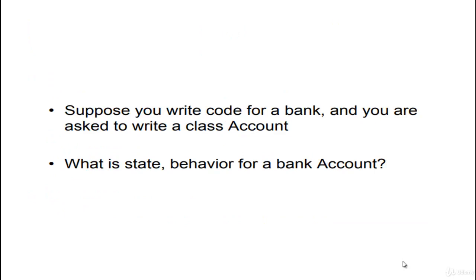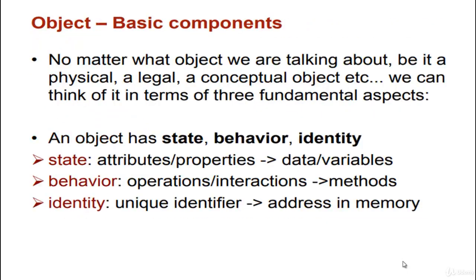Suppose you are to write a code for a bank and you are asked to write a class account. In this case, you can pause this video and see what is the state and the behavior for a bank. You can pause this video and take some time and think. Once again, state refers to the attributes or properties, that means data and variables.